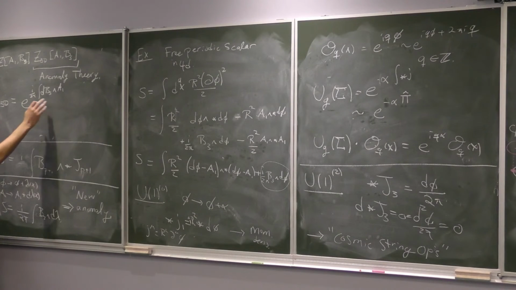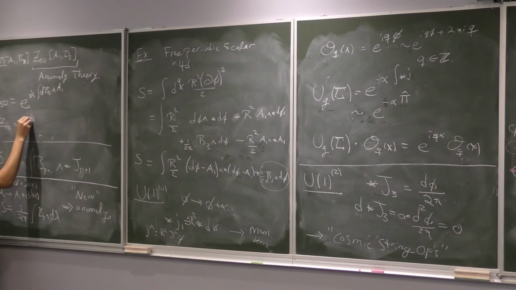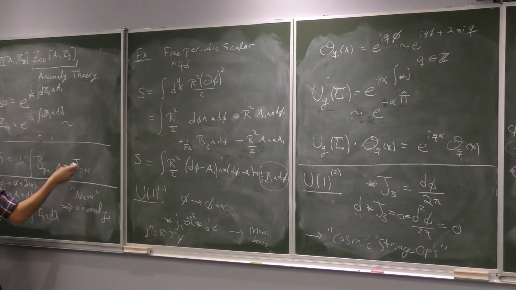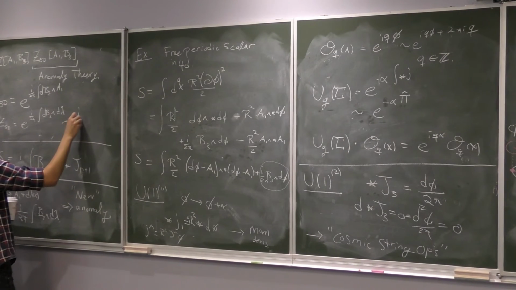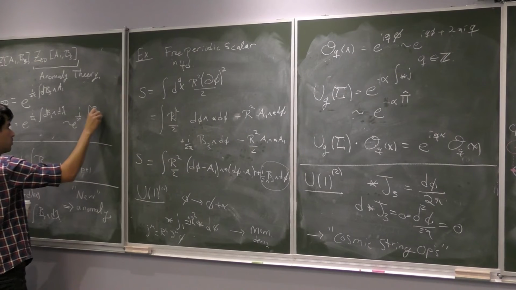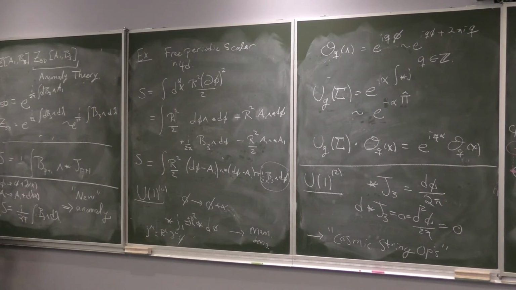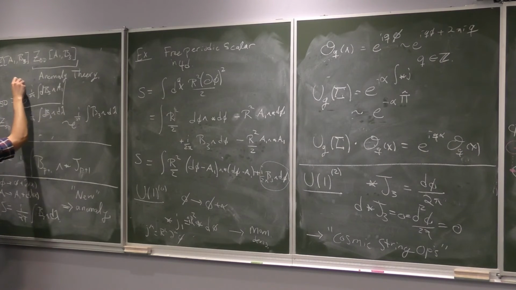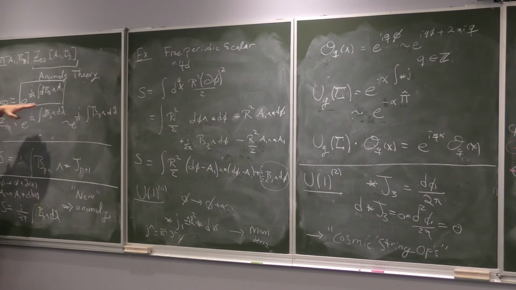When you look at the transformation, Z5D goes to e to the i over 2 pi B3 wedge d lambda. So this is the anomalous variation of our partition function, and this is often what we call the anomaly. As I said, it's called the anomaly theory. This part is actually called the anomaly.